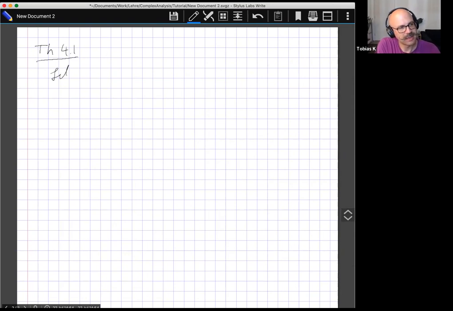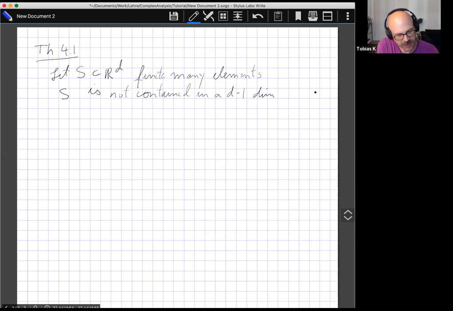Let S be a finite subset of R^d, which has only finitely many elements, and S is not contained in a d-1 dimensional hyperplane.